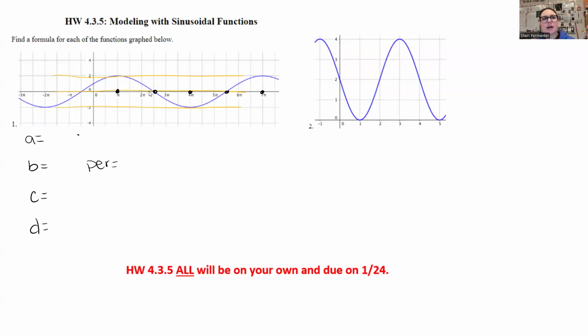So if I start it here at pi and I go all the way to 7 pi, what was my period? It's easier to figure out your period if you just pick things that are already labeled on the graph. So if you go from pi to 7 pi, what was your period?